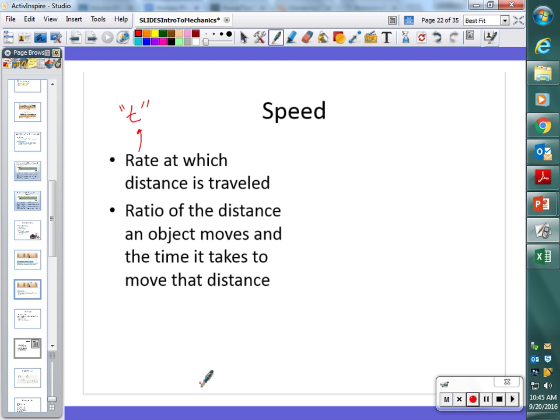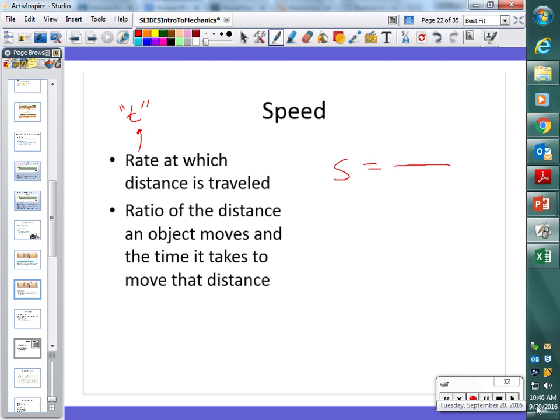Okay, so we'll use that a little bit later on today as well when we do some more definition. So, speed we define as the ratio of the distance an object moves and the time it takes to move that distance. Mathematically, how do we represent ratios? Fractions, right? So speed is going to be a fraction.